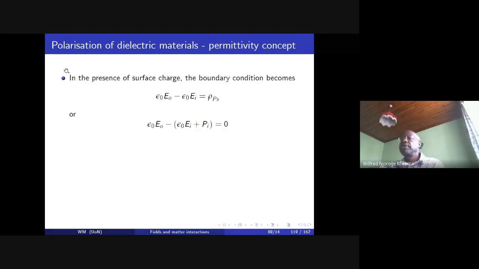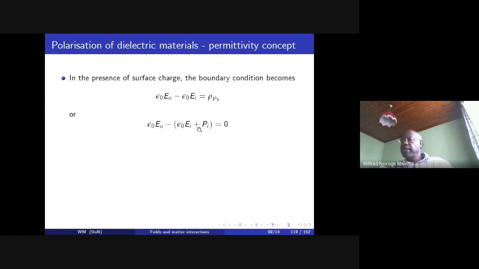So in the presence of a surface charge, the boundary condition becomes that the displacement outside the dielectric minus the displacement inside the dielectric must be equal to the surface charge density on the surface of the dielectric.